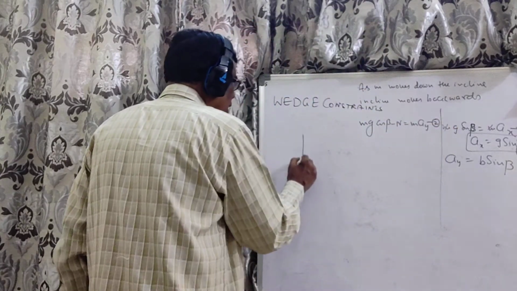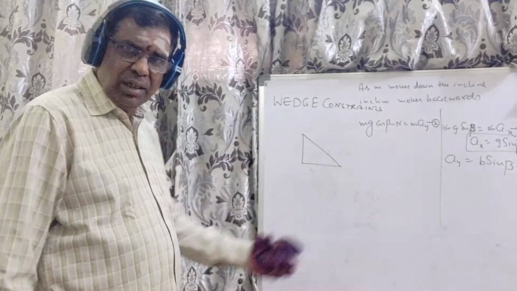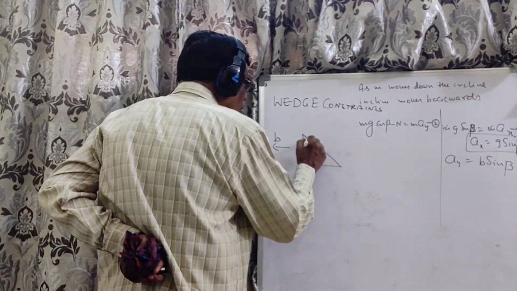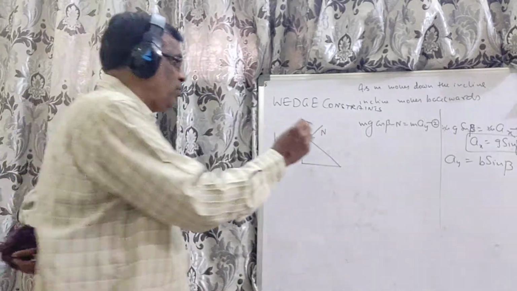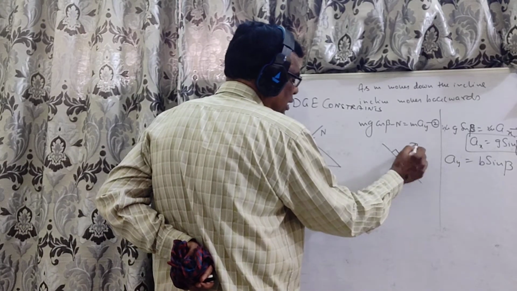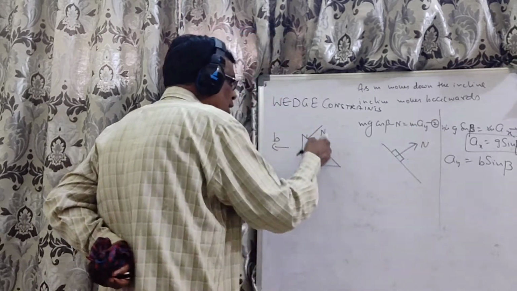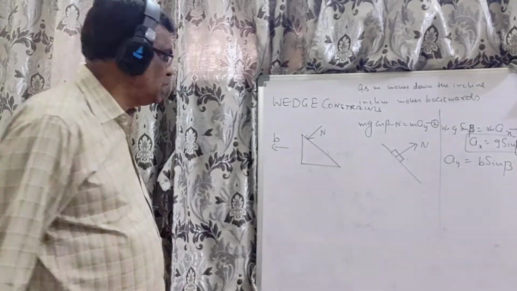What about the FBD of the incline? That is also another body. Now be careful. In the previous case, what did I do? This is N by the incline on the body. The reaction is by the body on the incline. Action and reaction are opposite to each other.